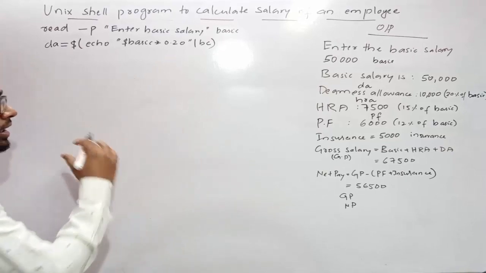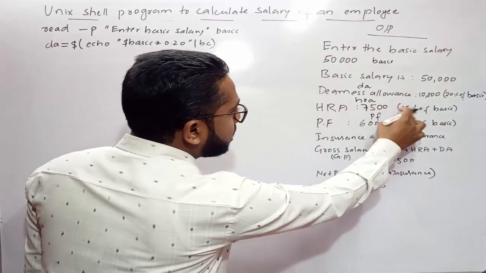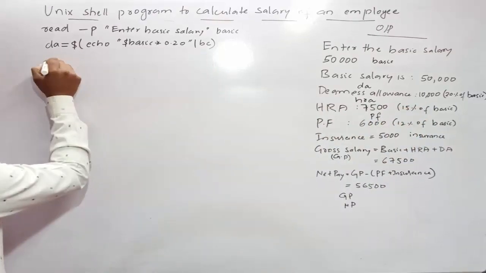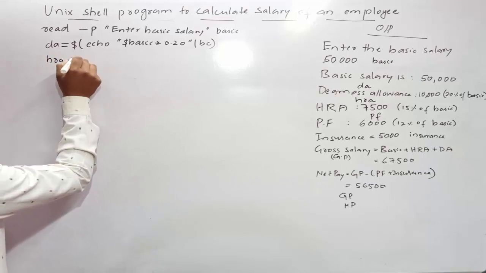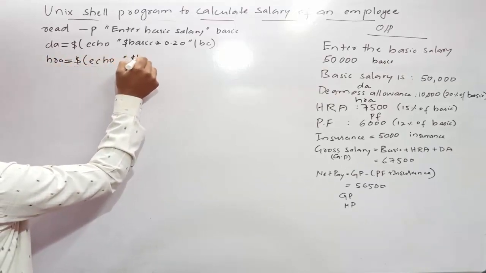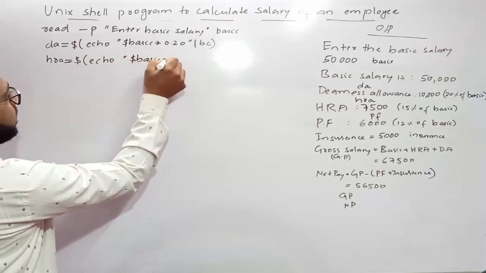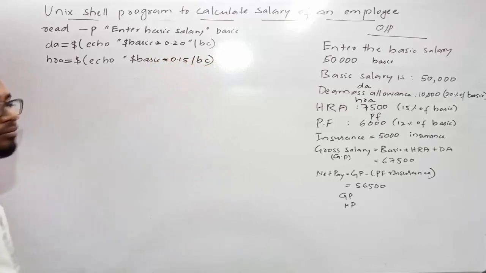Now we have calculated DA. Similarly, we need to calculate HRA, and as per the question, HRA is 15% of basic. HRA is equal to dollar bracket echo dollar basic into 0.15 pipe BC.